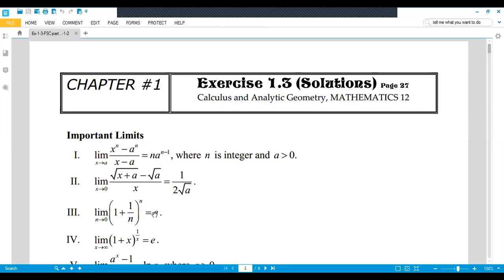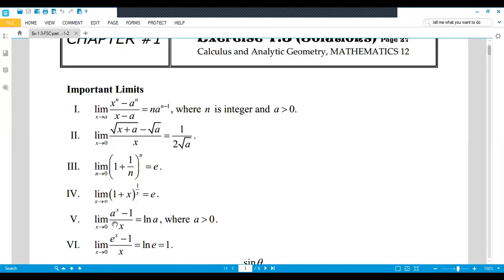Next limit is x approaches 0, 1 plus x power 1 over x, which is equal to e. This proof is also given on the same page, page number 23. These two proofs are given on the same page.